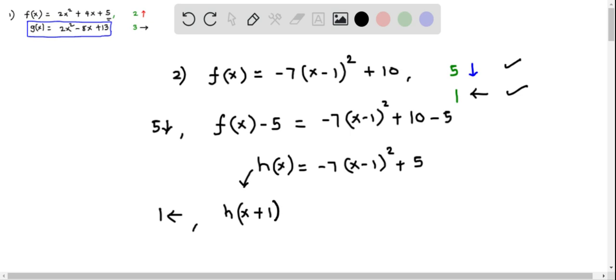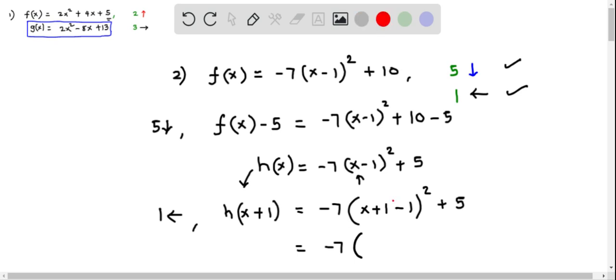And so this equals, we have to replace x in h of x by x plus 1. So this equals negative 7 times, replace this x by x plus 1. This becomes x plus 1. We already have negative 1. Quantity squared plus 5. And so this equals negative 7. We can cancel this positive 1 and negative 1. This becomes 0.